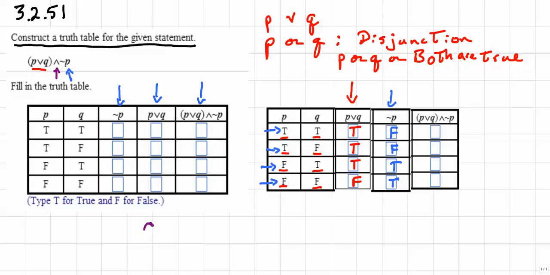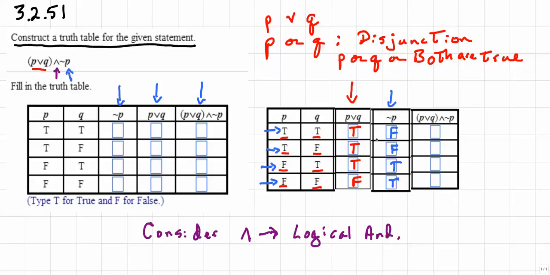Alright, so let's consider what this symbol means. This is a logical AND. Basically, in order for this to be a true statement, both statements have to be true.